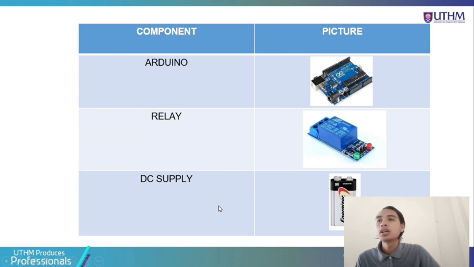Next, I will use the Arduino. Then the relay: I will use two relays, one for the forward contactor and one for the reverse contactor. And the last one is a DC supply, used to supply the Arduino so it can operate.